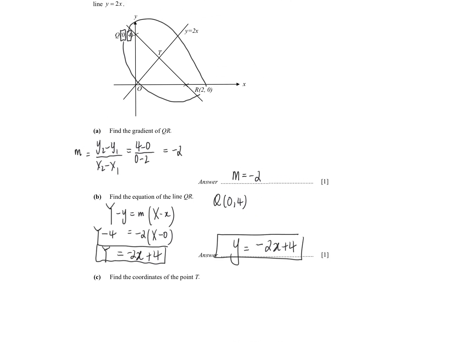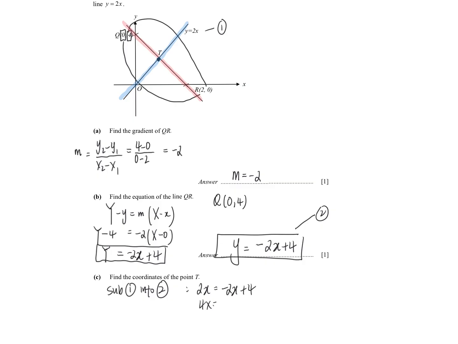Okay, I want to find the coordinates of T. It is the intersection of these two lines. So it's a simultaneous equation. So this is equation 1. The one you found is equation 2. Sub 1 into 2. So 2x equals minus 2x plus 4.